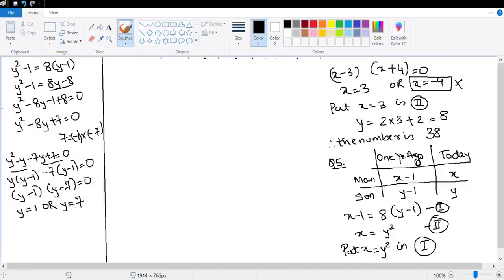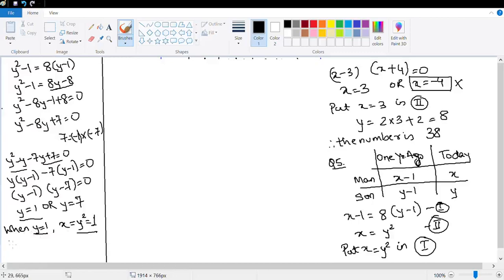So there are two possibilities of the son's age. Y is equal to 1 and y is equal to 7. So let's look at both the options. When y is equal to 1, x will be equal to y square, which is equal to 1, which means the father and the son are of the same age, which is ridiculous, which is scientifically, biologically not possible.